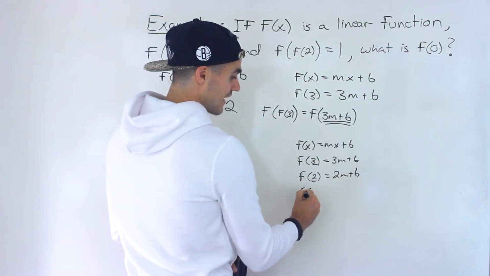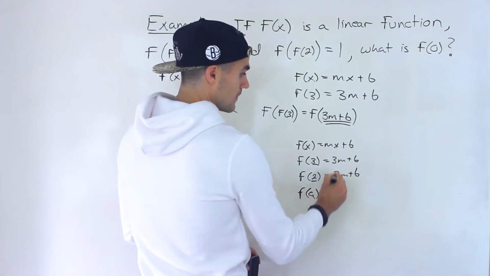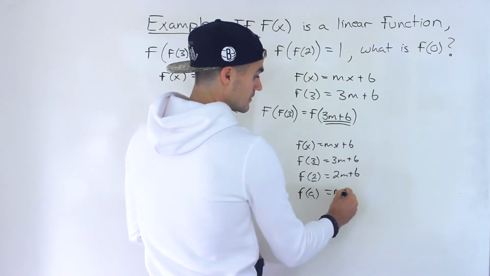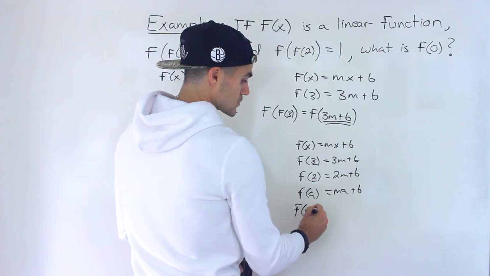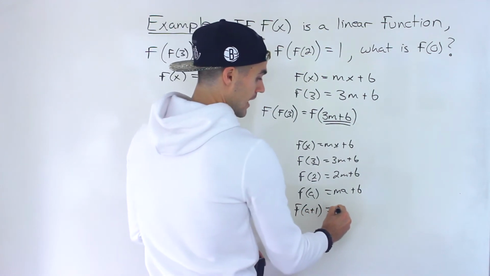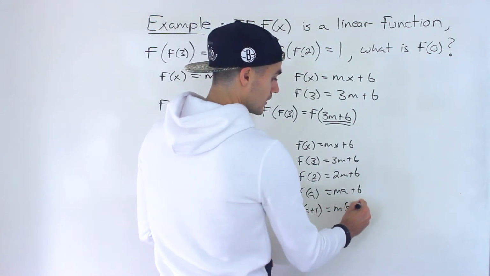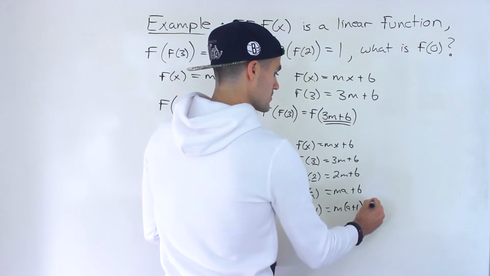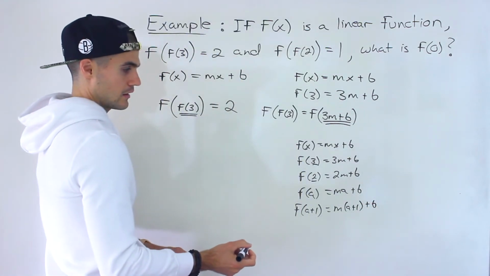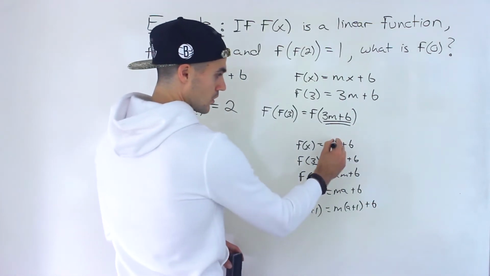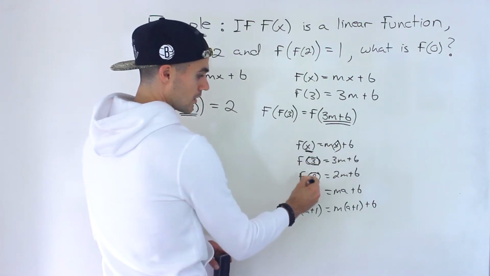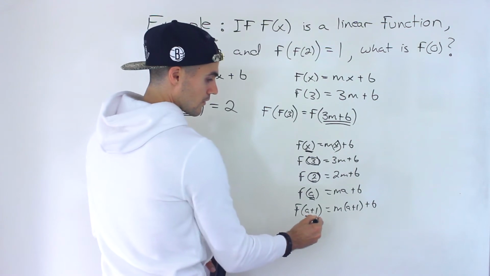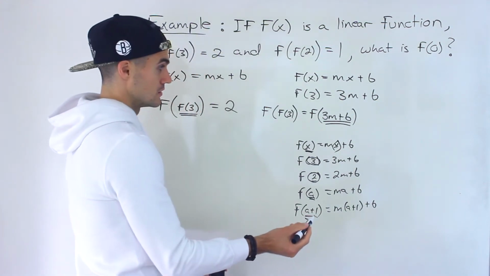What's f of a going to be? It's going to be ma plus b. What's f of a plus 1 going to be? It's going to be m times a plus 1, plus b. We're always just plugging in for this x value whatever is here, whether it's a number or an expression.